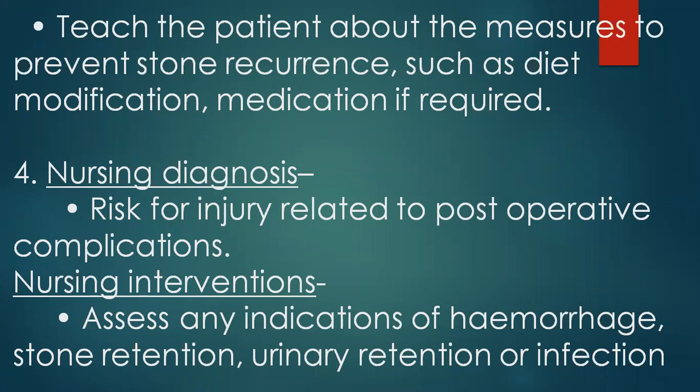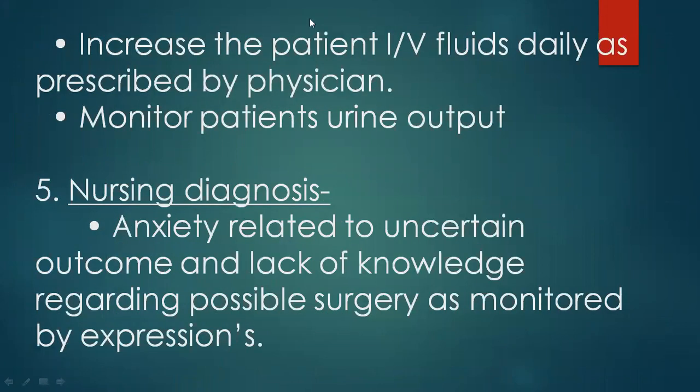Then the fourth nursing diagnosis is risk for injury related to post-operative complications. Assess for any hemorrhage, stone retention, urinary retention, or infection. Then increase the client's IV fluids daily as prescribed by the physician. Then maintain the client's urine output.